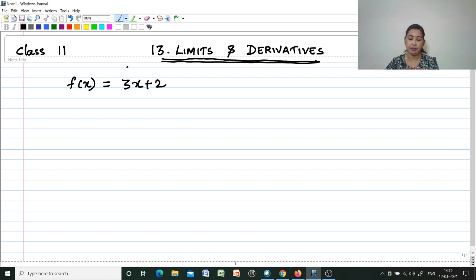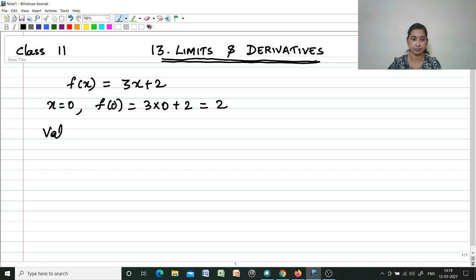If I give values for x, that is if x equal to 0, I will get f of 0, which means 3 into 0 plus 2, that's equal to 2. So the value of this particular function at x equal to 0 is 2. This we call the value of the function.